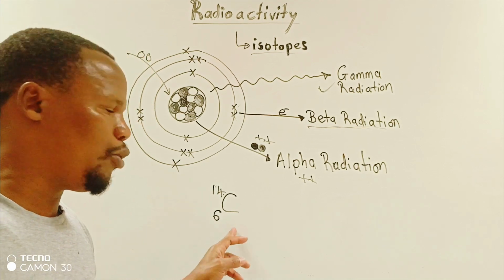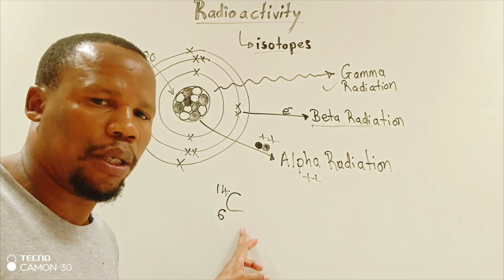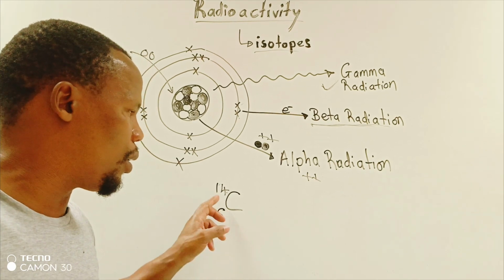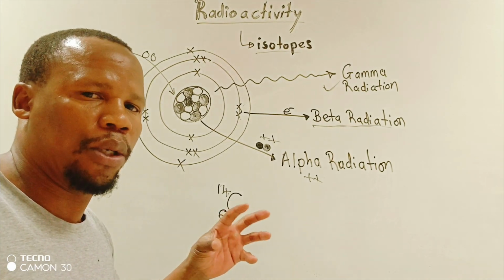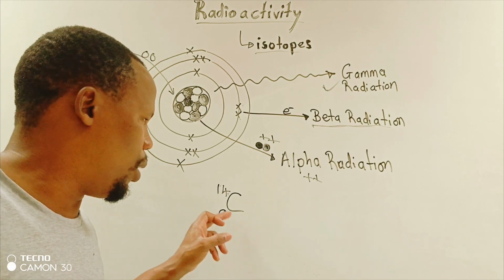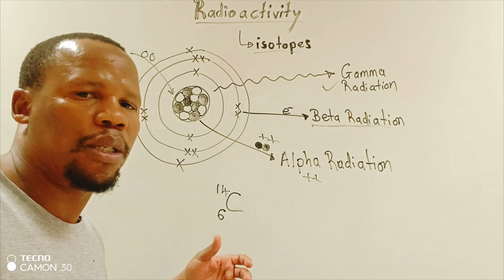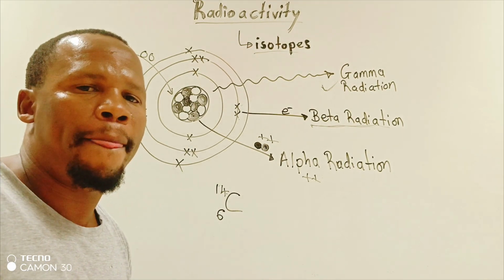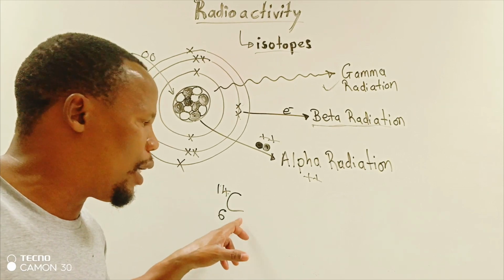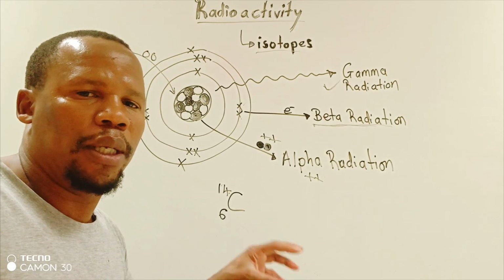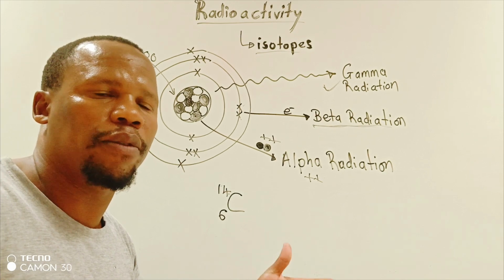For example, carbon-12 is not radioactive, but adding 2 extra neutrons to the regular carbon atom gives carbon-14, and this carbon-14 is radioactive. In archaeology, carbon-14 is used for carbon dating because it can be detected through its radioactivity.